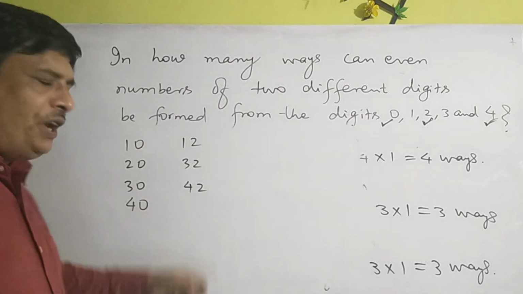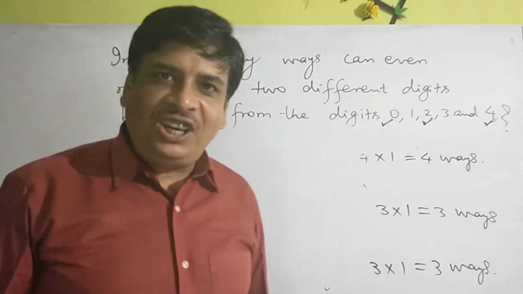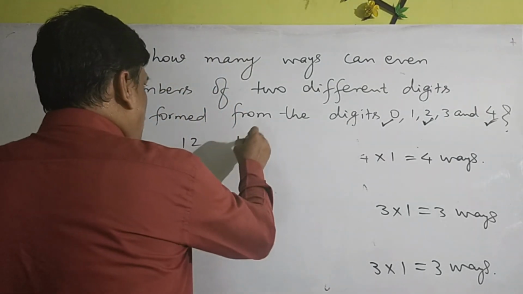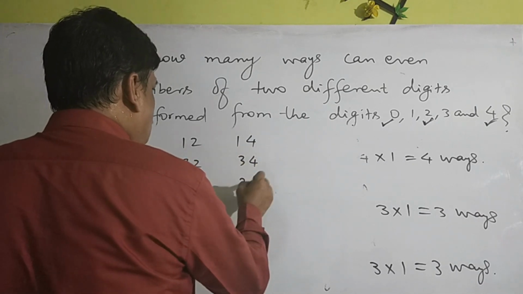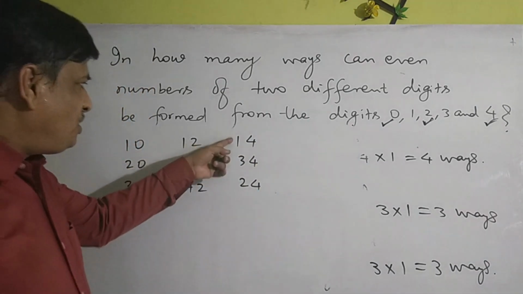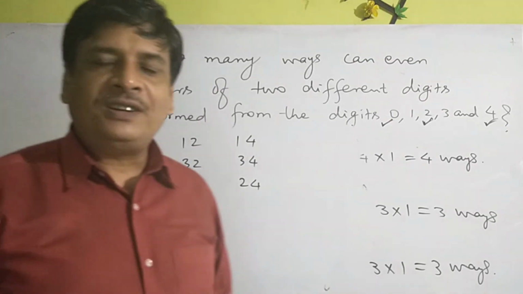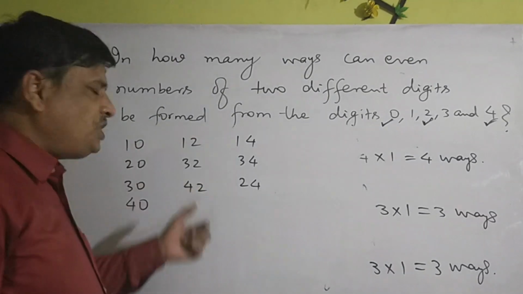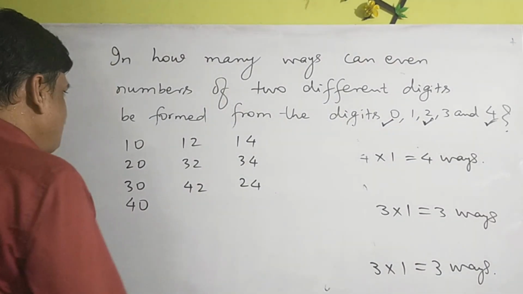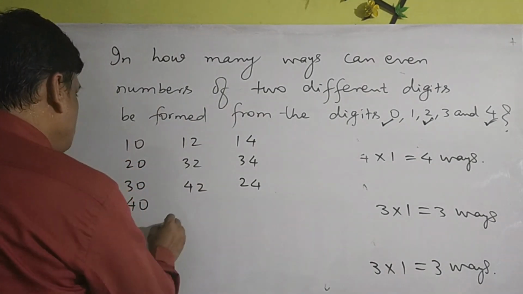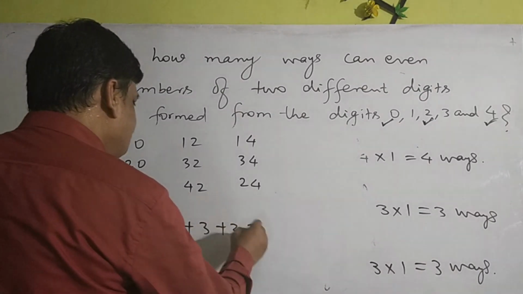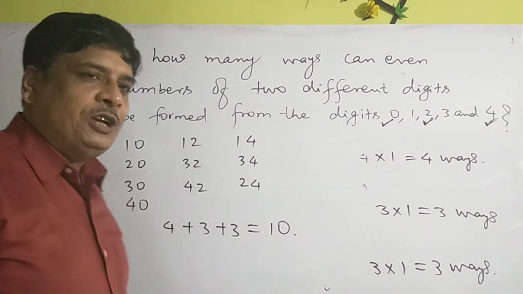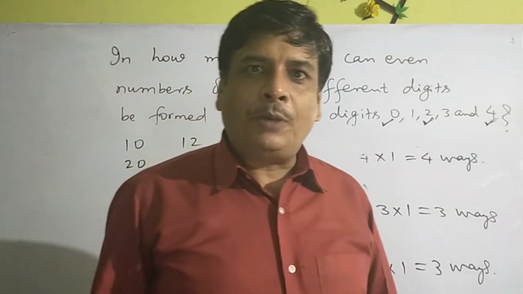These are three different even numbers, in each the unit place is 2. 14, 34, 24. These are three different even numbers, in each the unit place is filled by 4. When we count all these, the total number is 10: 4 plus 3 plus 3. So by writing the numbers also we can verify the principle of counting.